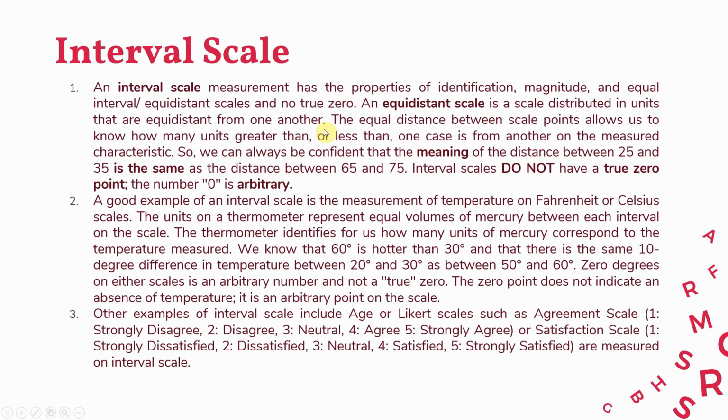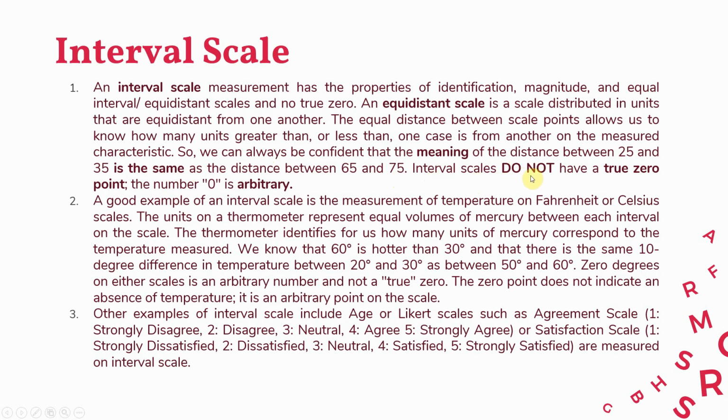The equal distance between scale points allows us to know how many units greater than or less than one case is from another. So we can always be confident that the meaning of the distance between 25 and 35 is the same as the distance between 65 and 75.